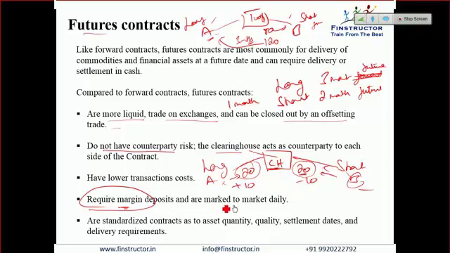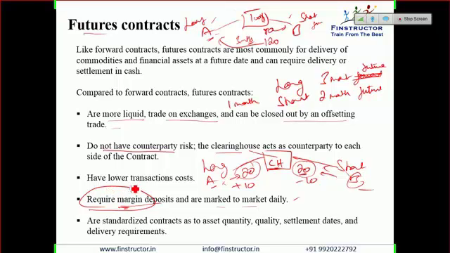First of all, you pay $20, that is the initial margin, and then they are marked to market daily. That is, every day, depending on how the price has moved, each person's profit or loss is calculated, and depending on that, more margin may be asked. So if B is going into a loss, the exchange will always keep asking for more margin, so that even if B runs away, they have enough deposit to make good the other counterparty's profits.